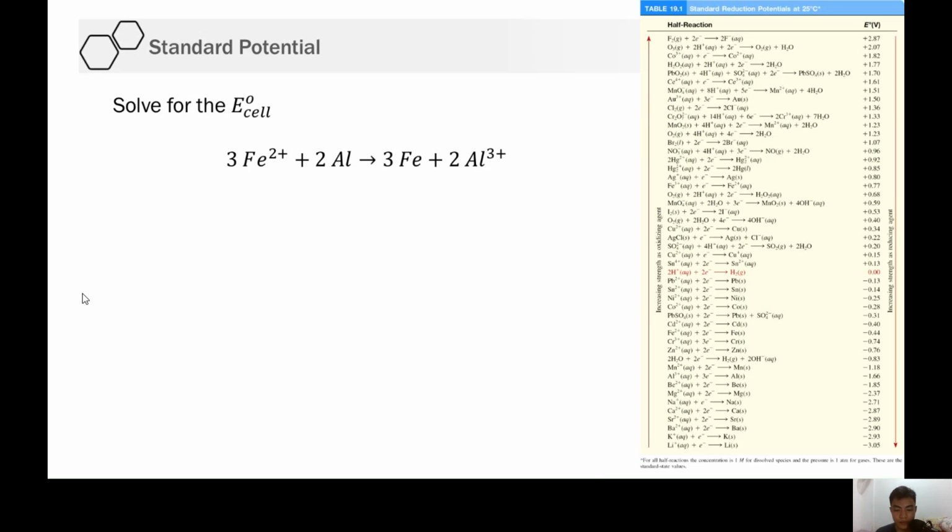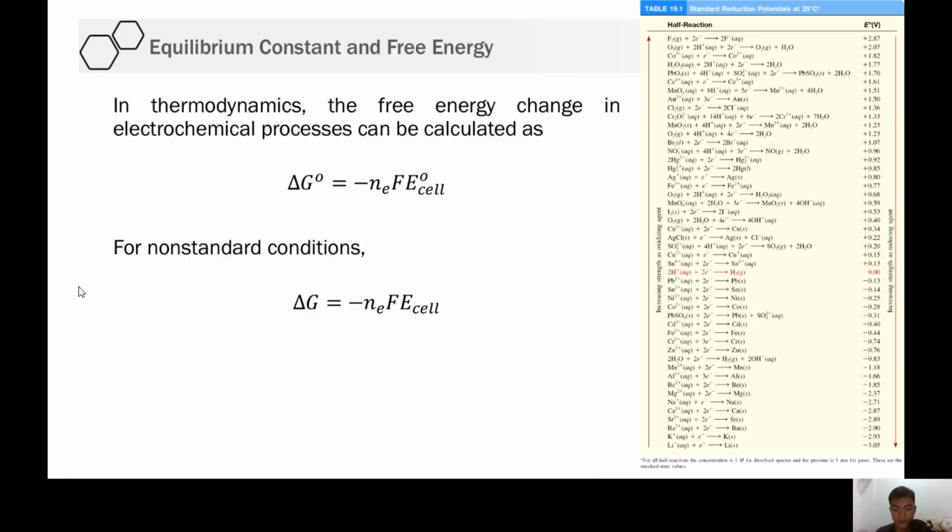I gave the answers for these questions in the worksheet anyway, so I will proceed with the last two topics. For the first part, we're going to talk about the equilibrium constant and the free energy.